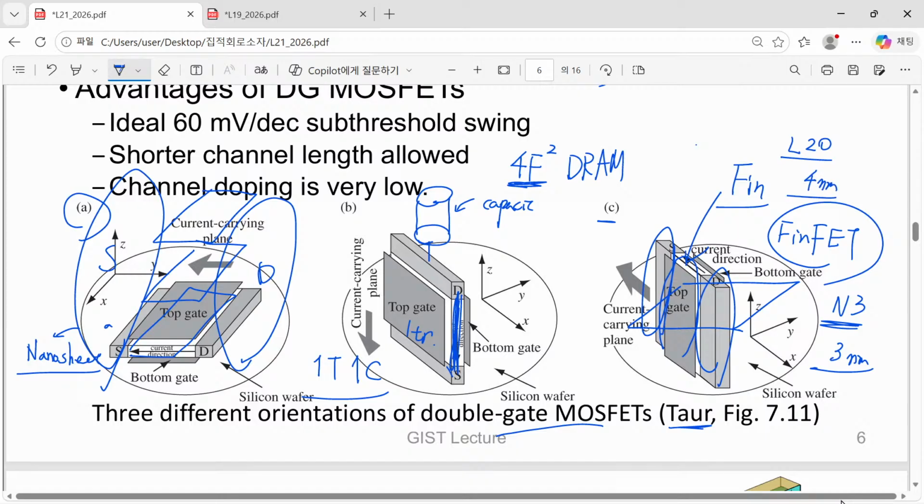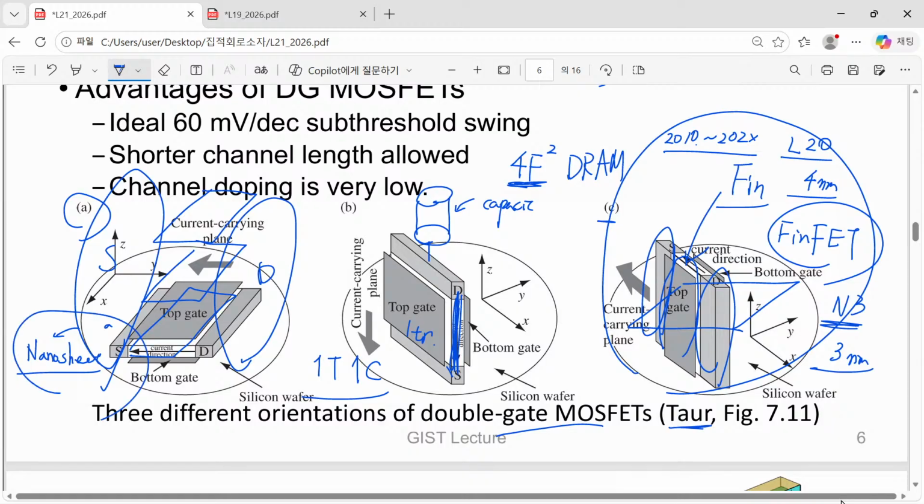But anyway, starting from maybe 2010 to about 2023, 2024, during that time FinFET was the transistor.